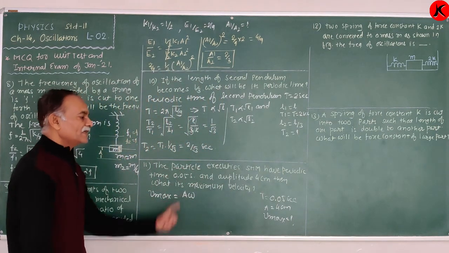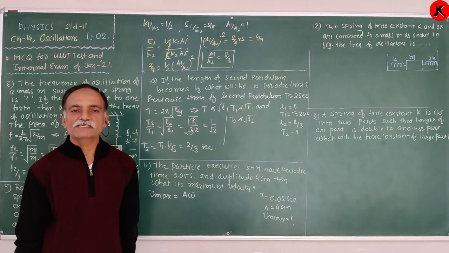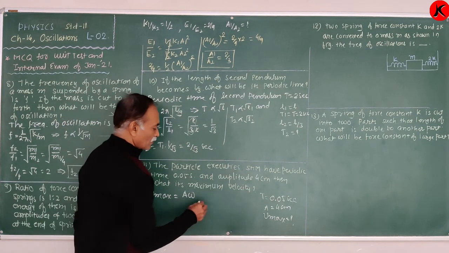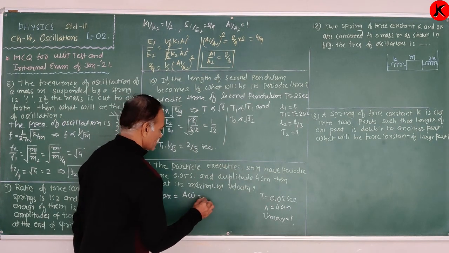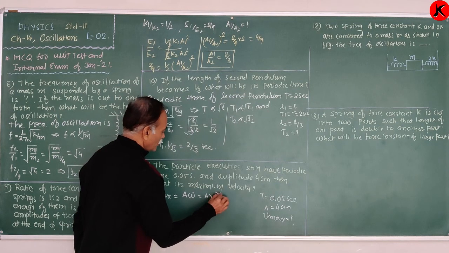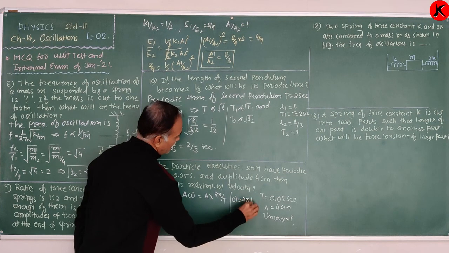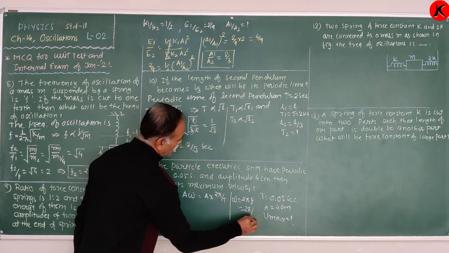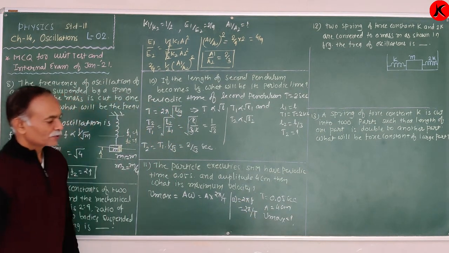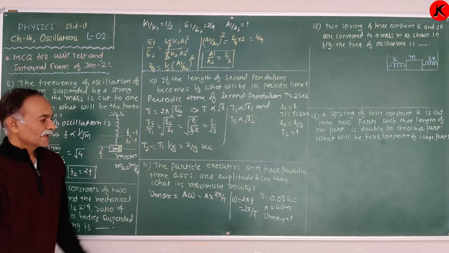But here omega is not given, periodic time is given. We know that omega is equal to 2 pi upon T. Therefore, A into 2 pi upon T, because omega is equal to 2 pi f and f is equal to 1 upon T. Now, all values are given.